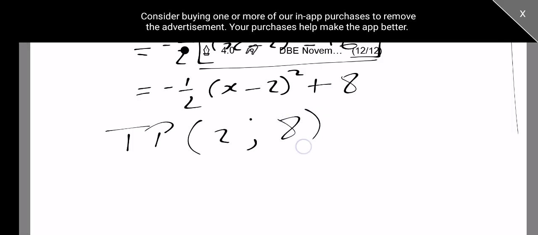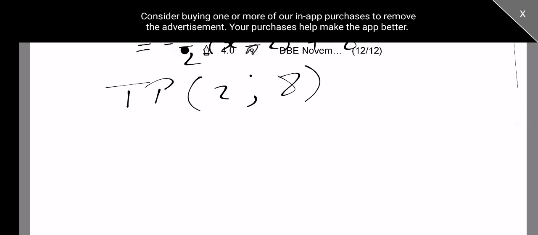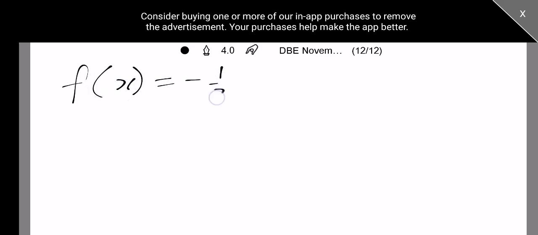And 8. Then you've got your turning point. Now again, from this, f of x equals negative half x squared plus 2x plus 6.